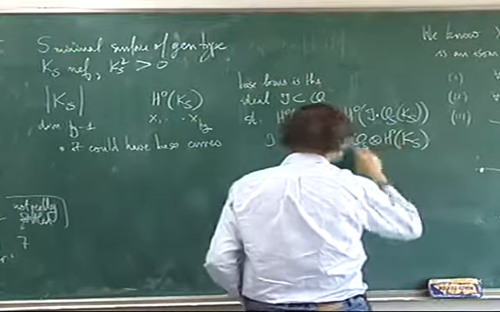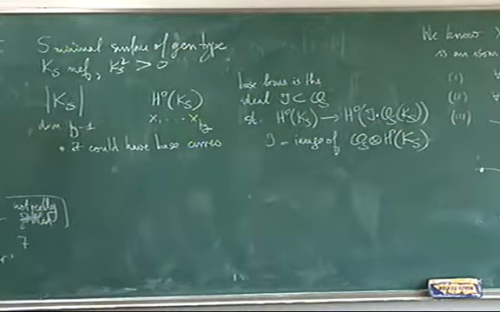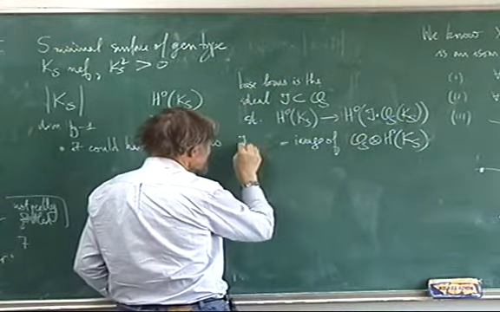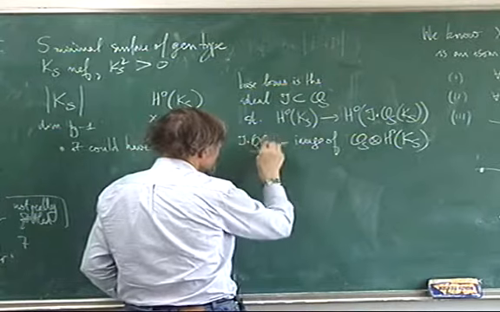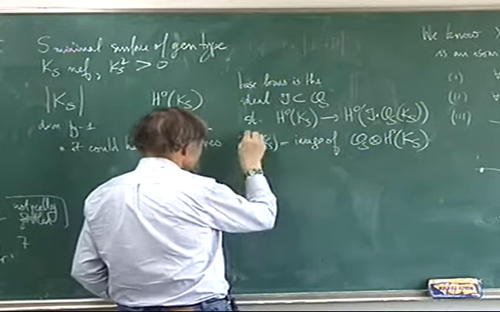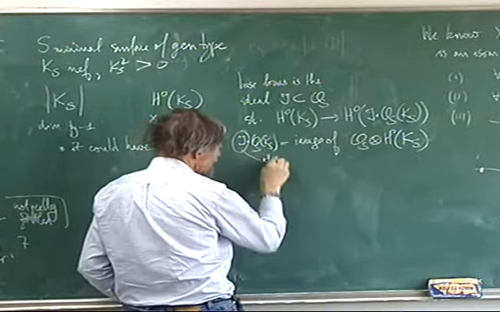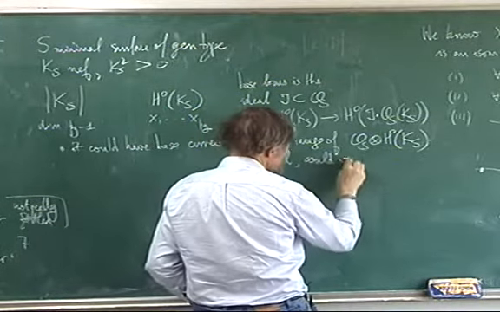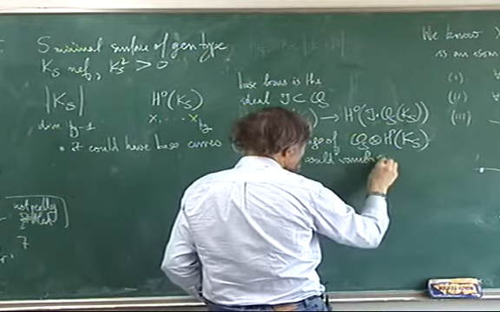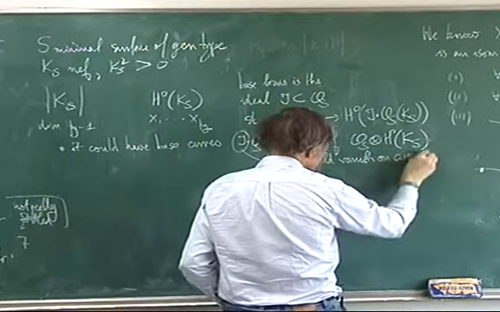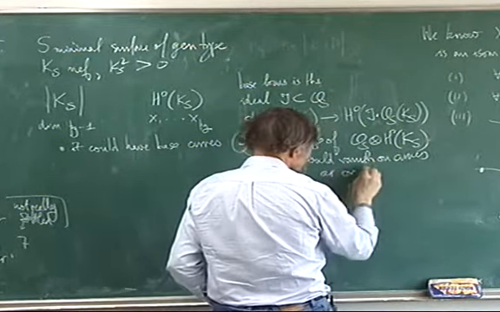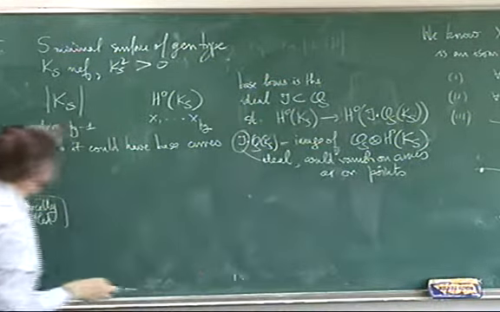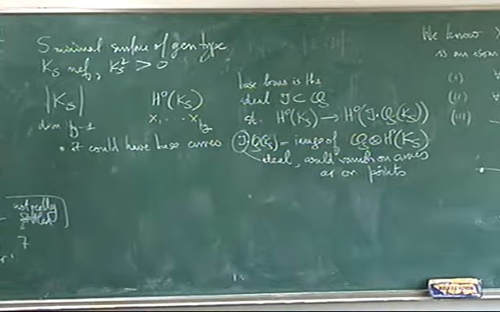Or it's the I times O_S of K_S. Right? And so this I here is some ideal, and it could vanish on curves or on points. Right?